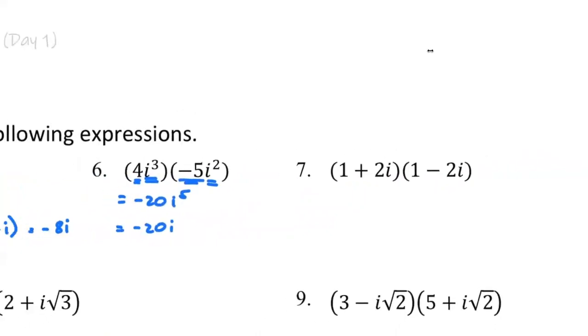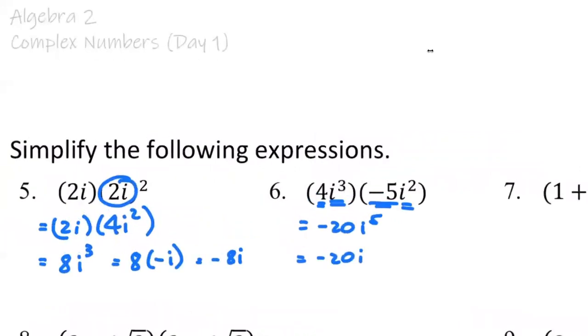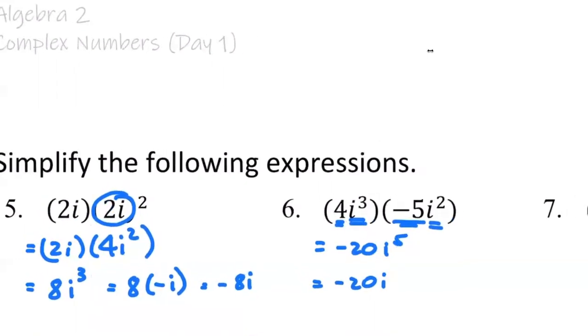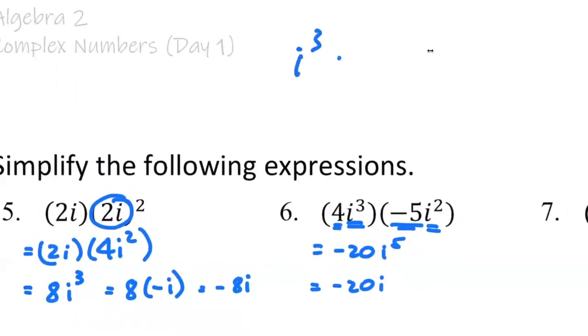Now, number 5 and number 6 are pretty similar. They're just multiplying, and you have to make sure that you are multiplying the coefficients together and taking good care of the i. And by the way, if you are a little bit confused about what to do with these exponents, or if you forgot why on earth we are adding the exponents, here's a little explanation. i cubed means i times i times i, and i squared means i times i.